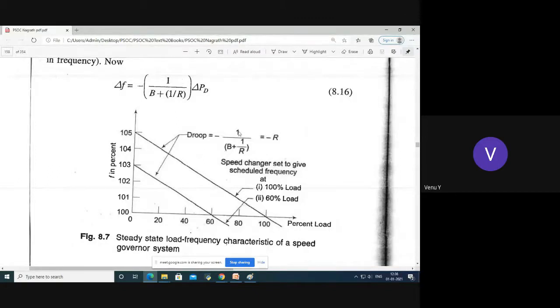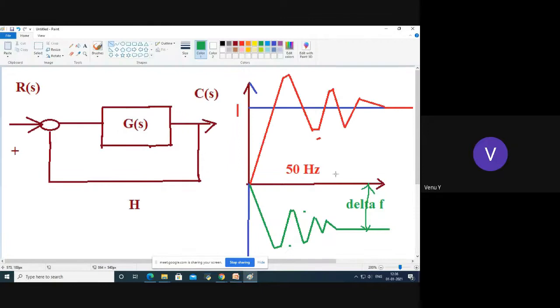into delta PD. Now 1 by beta is nothing but, by adjusting the speed changer setting such that at full load you will get the rated frequency, 100%. That is, the rated frequency is 50 hertz.